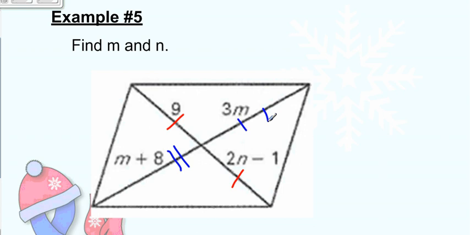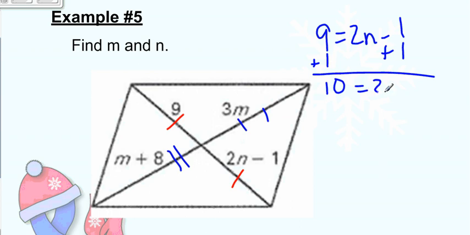Let's start with the red there with the 2n because we're not going to have m on either side of the equal sign, so that's going to be the easier one to find. So we'll have 9 equals 2n minus 1. We'll add 1 to the other side, and we'll get 10 equals 2n. Divide by 2, and n will equal 5.